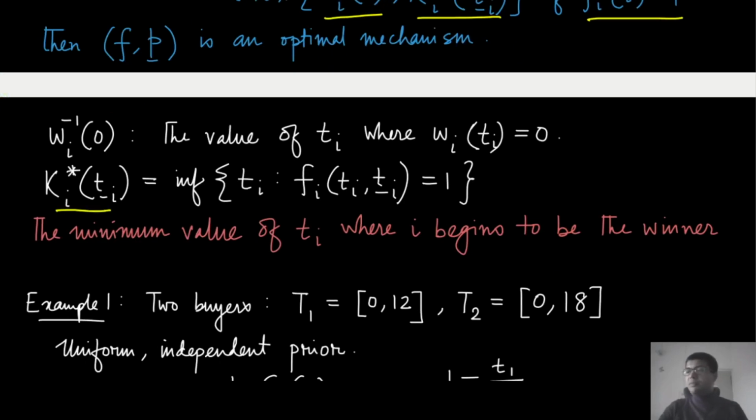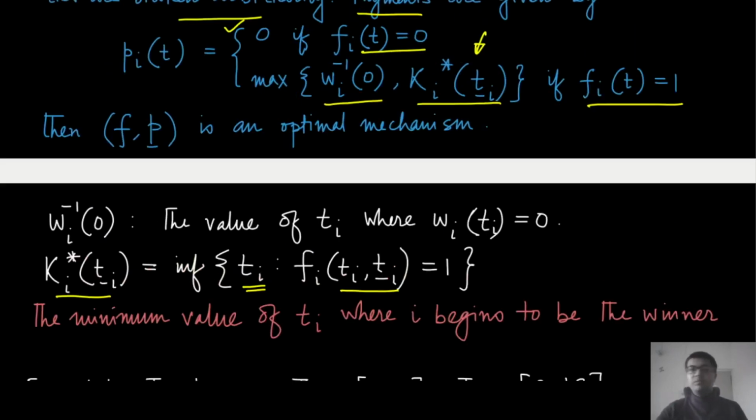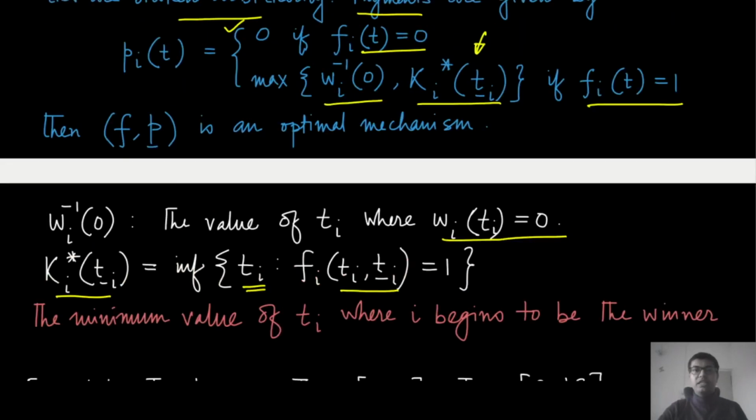This is the minimum value of the type of player i from which player i starts winning. And the first expression, as before, is nothing but the inverse function of Wi, the value at which Wi(ti) is equal to 0. That value of ti is considered as the Wi inverse of 0.